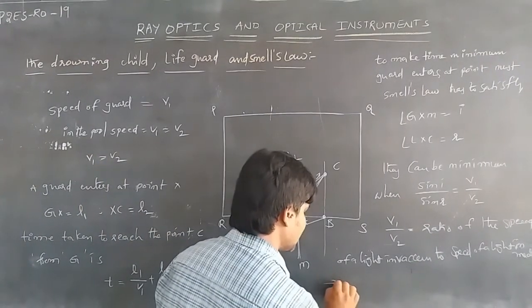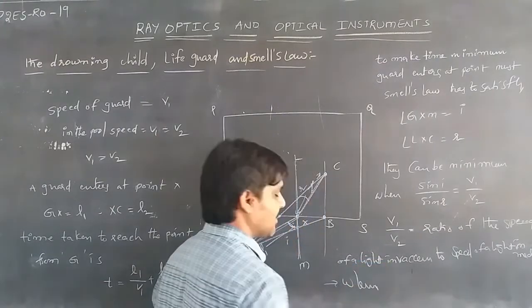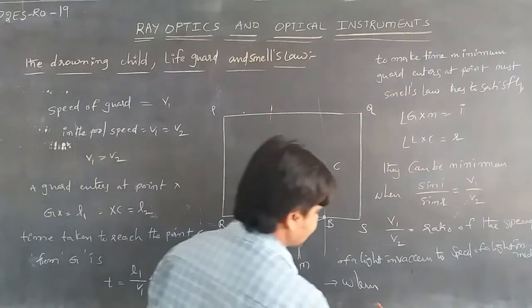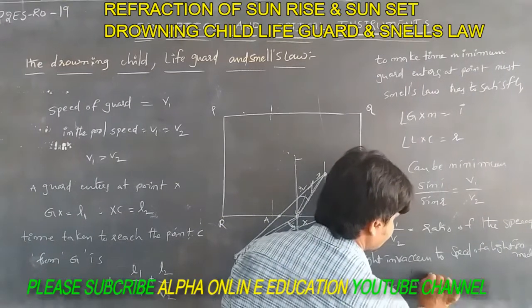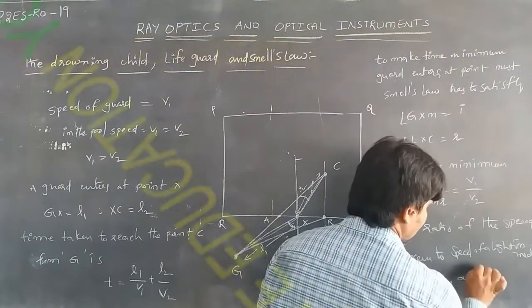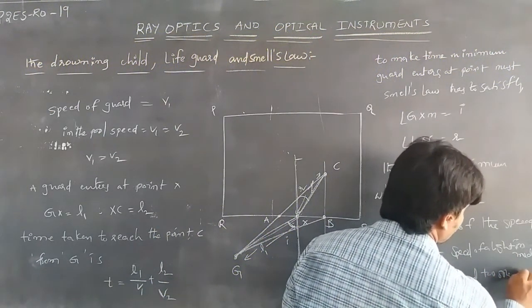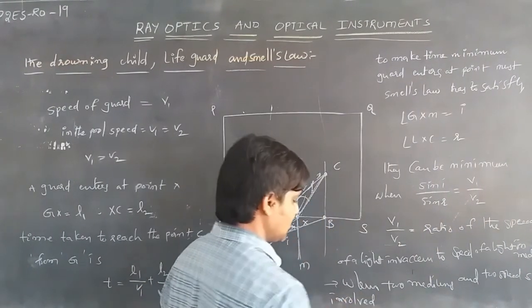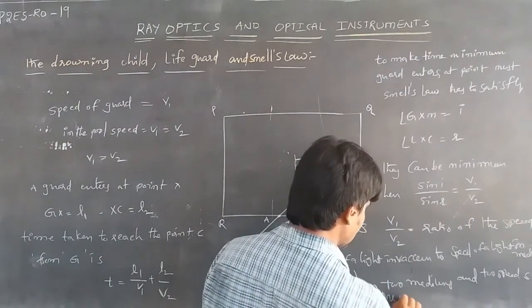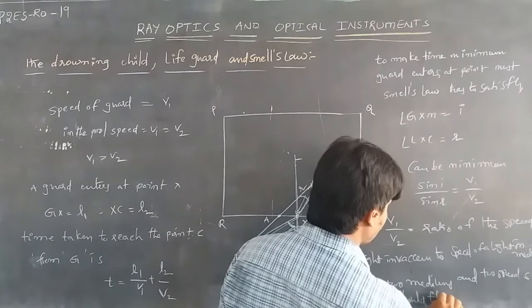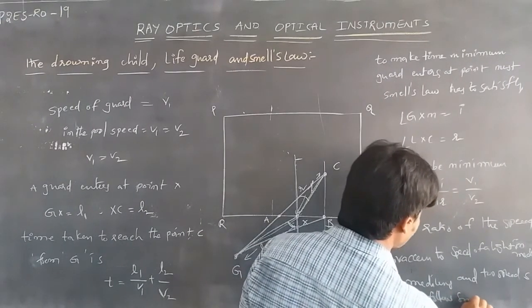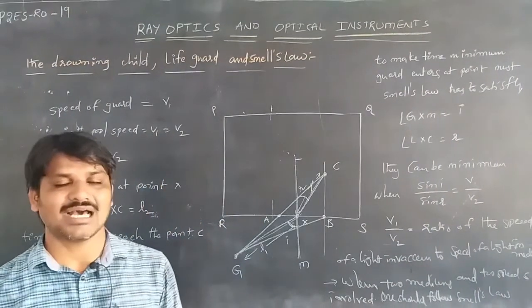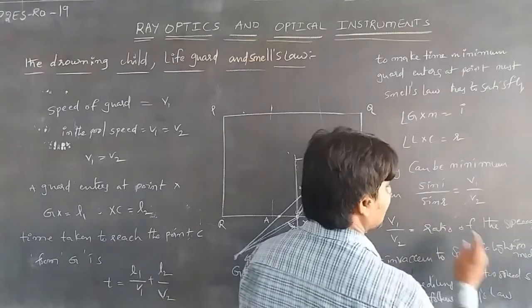Even when two mediums and two speeds are involved, one should follow Snell's law to get the minimum time.